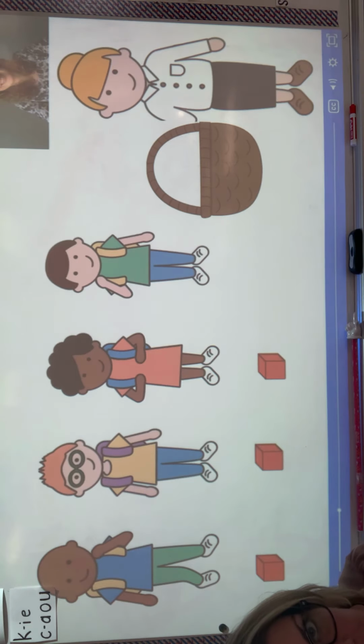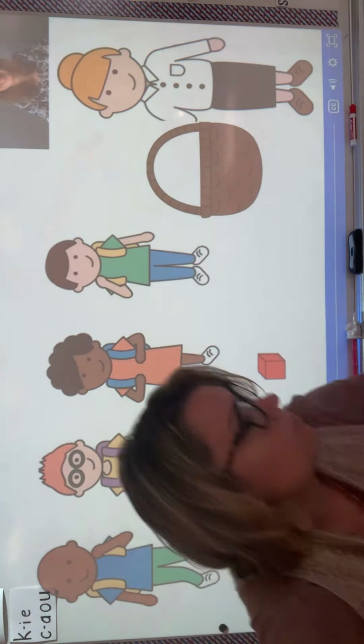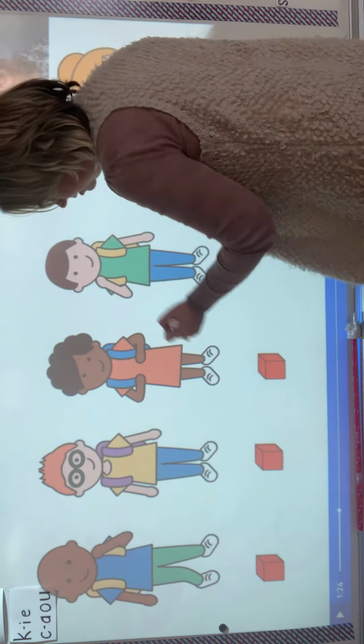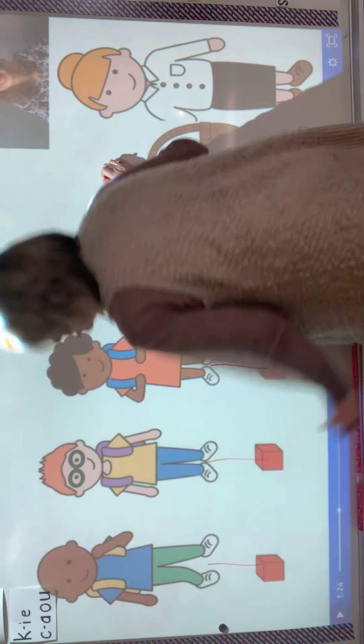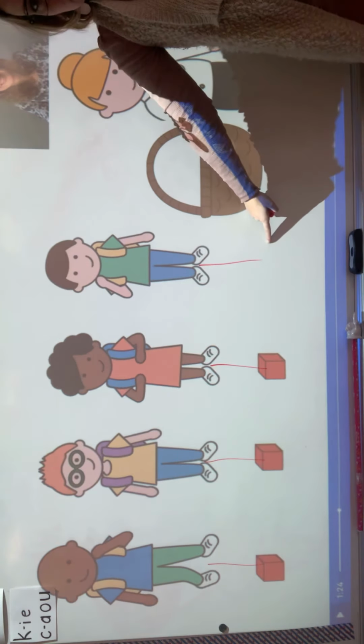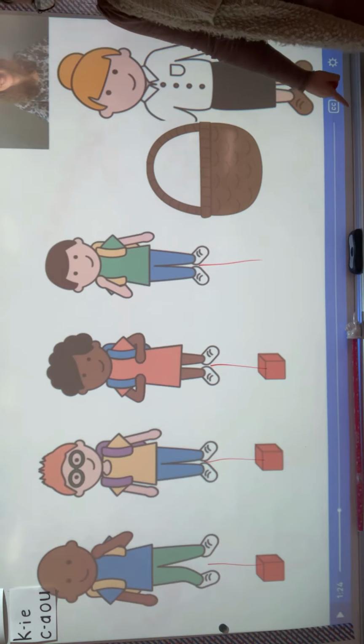Landon, were there enough blocks for all the students? No, there's not. Look, if I were to draw a line, look, there's one person, he doesn't have one.